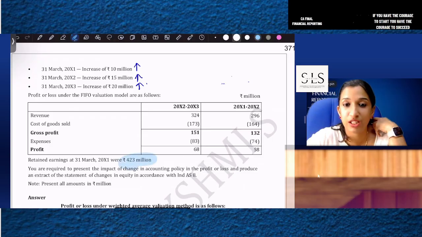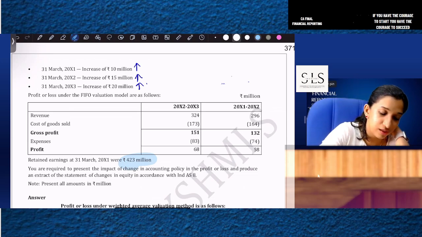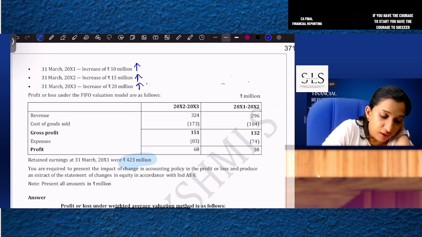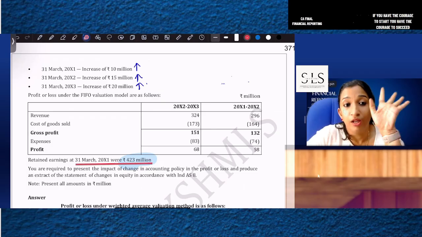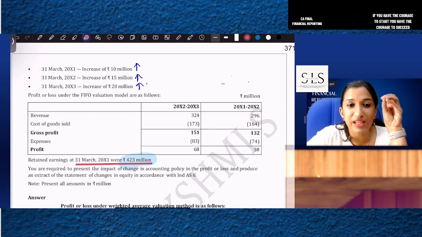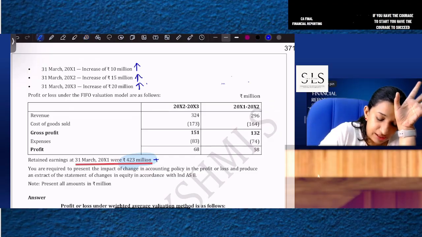So what are the changes to be made? On 31st March 2011, your closing inventory has increased by 10 million. So obviously your retained earnings will increase by 10 million.